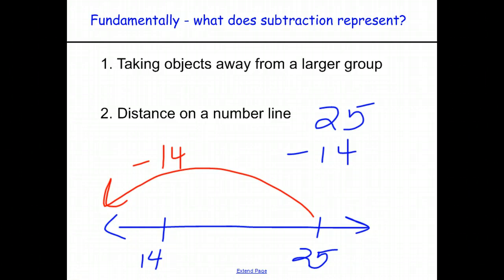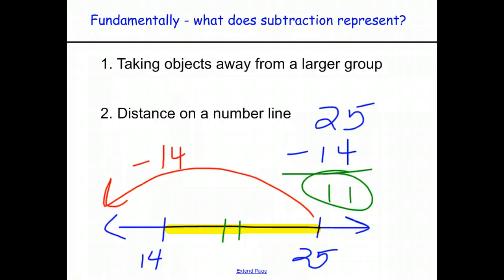But in this case, we're really looking at the distance in between. How much space is there between 14 and 25? In that distance in between, all we have to do is take 25 minus 14, which is 11. There are 11 units, 11 leaps of a single number.